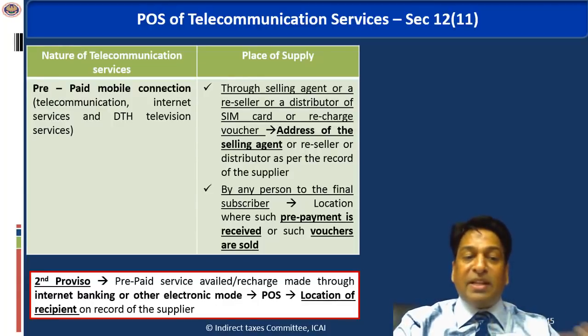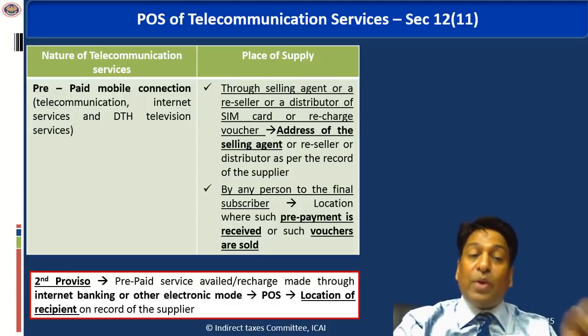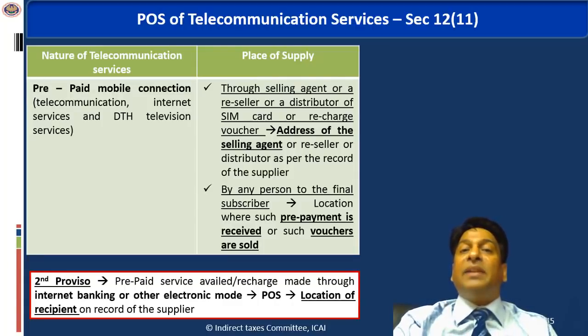These provisions need to be read with the second proviso, which says that if the prepaid service is availed or recharge is made through internet banking or other electronic mode, which is quite obvious as of date, it happens through e-mode only, then place of supply would be the location of the recipient on record of the supplier.